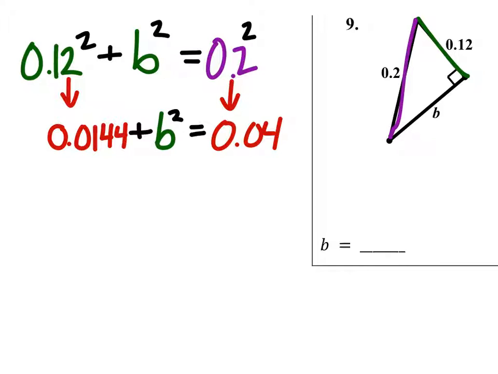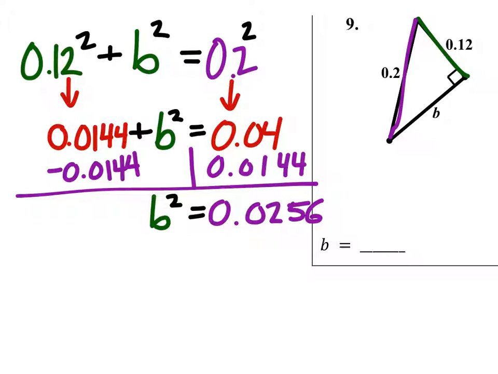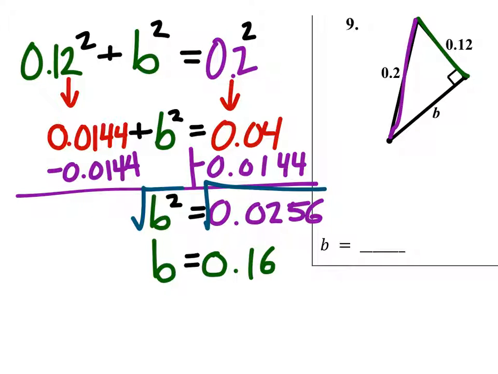Now to solve this, I'm going to subtract 0.0144 from both sides. And finally, we'll square root both sides, which gives us b equals 0.16. That gives us the answer.